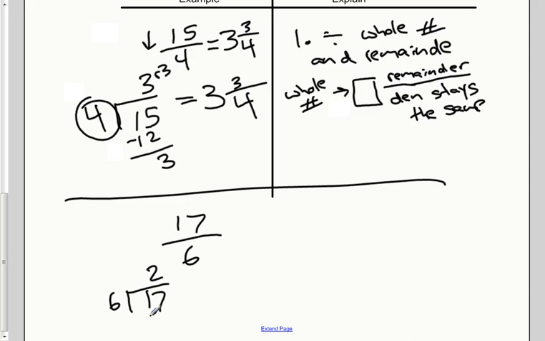So 2 times, that gives me 12 with 5 left over. So my remainder is 5. So my whole number is going to be 2. 6 goes into 17 2 whole times. And then I have 5 pieces of pie left over. And remember, our denominator stays the same. All right, so that's just one more example.